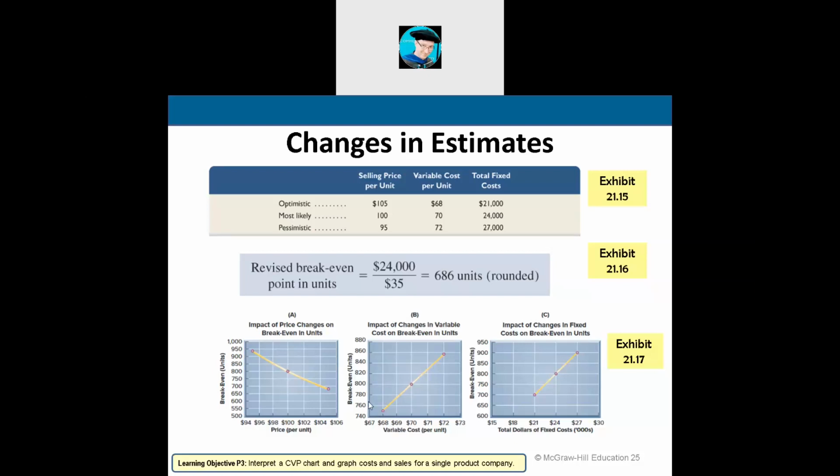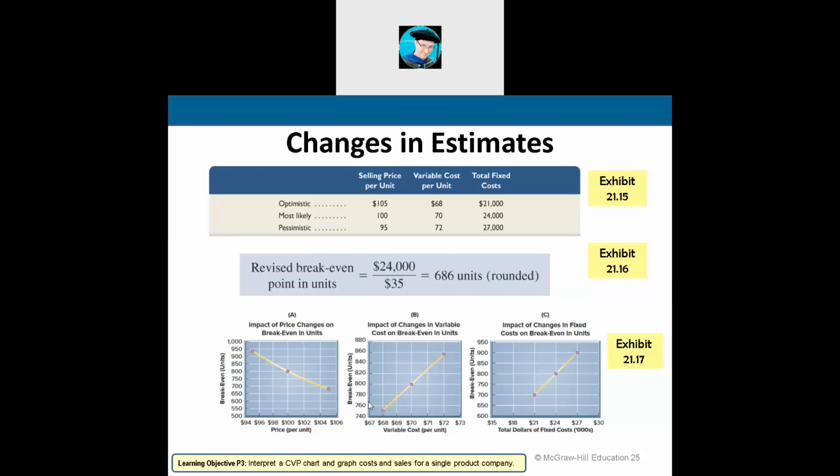Remember, variable cost per unit is direct materials, direct labor, and factory overhead. One of those three things can change over time. They're not always going to be the same, right? Because I'm not always going to pay my hourly employees the same. I'm not always going to pay the same cost for direct materials. Might go up, might go down. So when those change, we have to adjust our sales price accordingly in order to keep the same margin per unit.